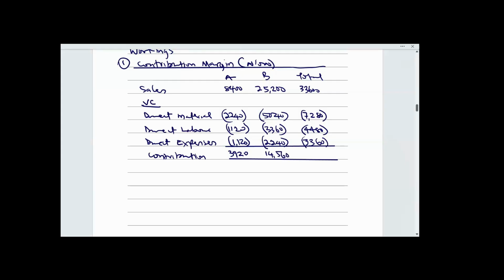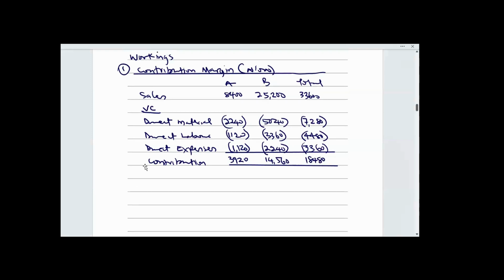So 14,560 plus 3,920, 18,480. So the total contribution margin is 18,480.